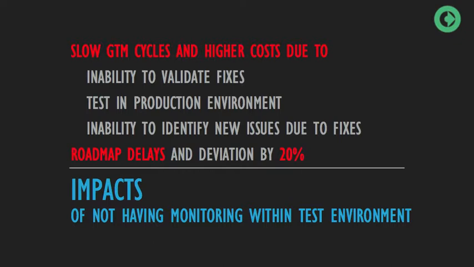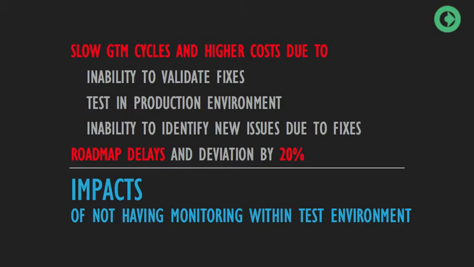And because of this inability to identify new issues due to the fixes, because now you do not have deep dive monitoring within the test environment, you probably do not know whether the fix hasn't opened up new bugs or new issues. So you only have to rely on the production environment to report new incidents, which is really not a very right strategy.